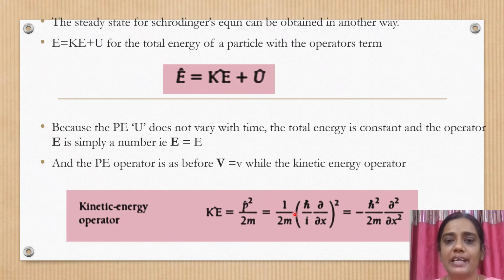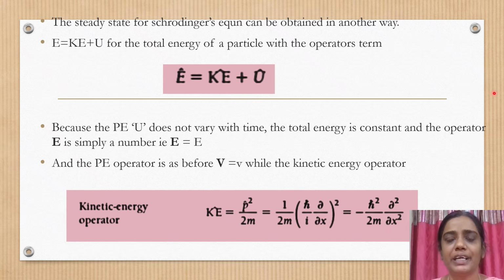The kinetic energy operator is equal to P squared by 2m, where P represents the operator term, and it can be written as 1 by 2m, which is already in the expression, and the P operator has the operator expression h cross by i dou by dou x, and it is squared, therefore the whole square. Therefore, the kinetic energy operator is minus h cross squared by 2m dou squared by dou x squared.